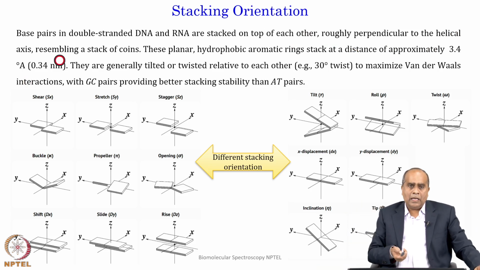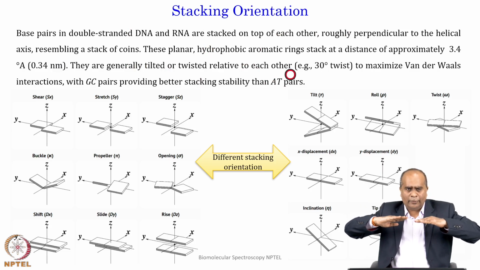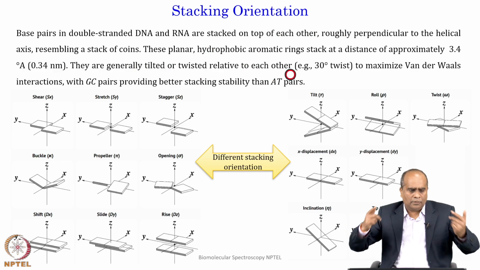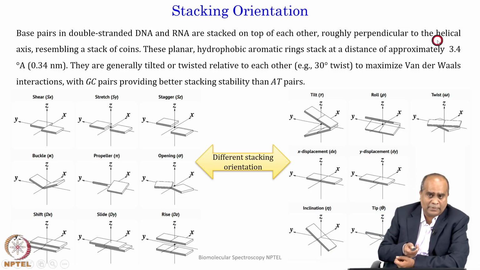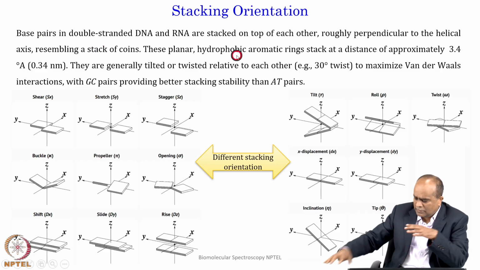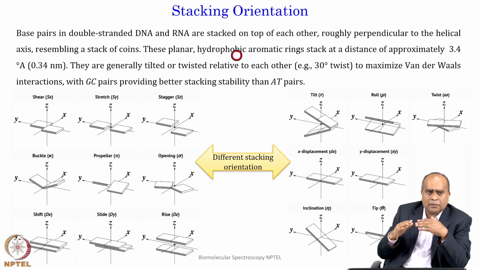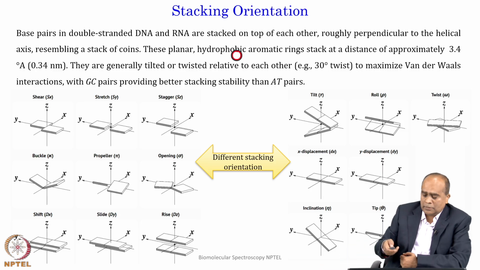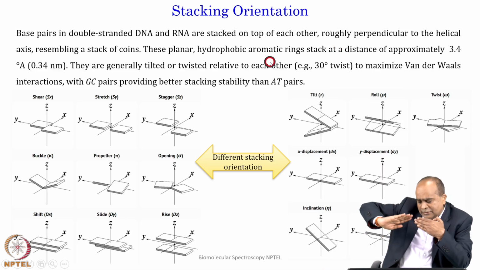They are planar hydrophobic aromatic rings that stack, and the distance between the hydrogen bond donor and acceptor is about 3.4 angstrom, and therefore they form the hydrogen bond. For formation of a hydrogen bond you require this distance. Because the base is a bulky group, to accommodate each other and maximize the van der Waals interaction and minimize the steric clash, they have to be adjusted like this.